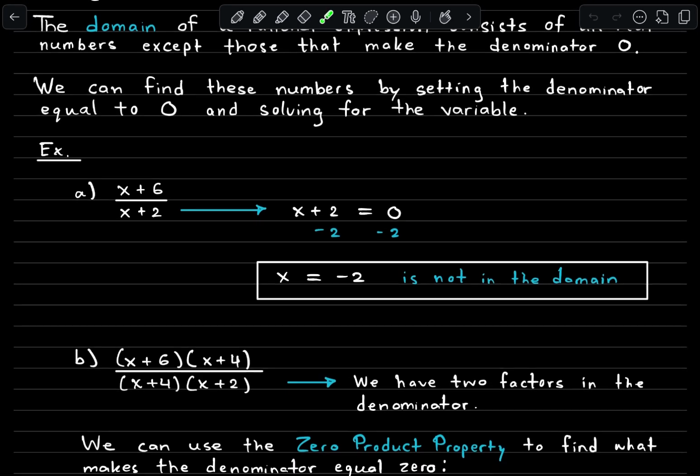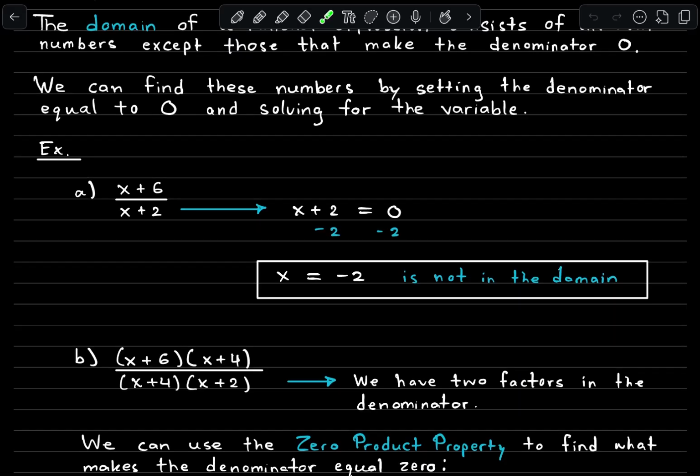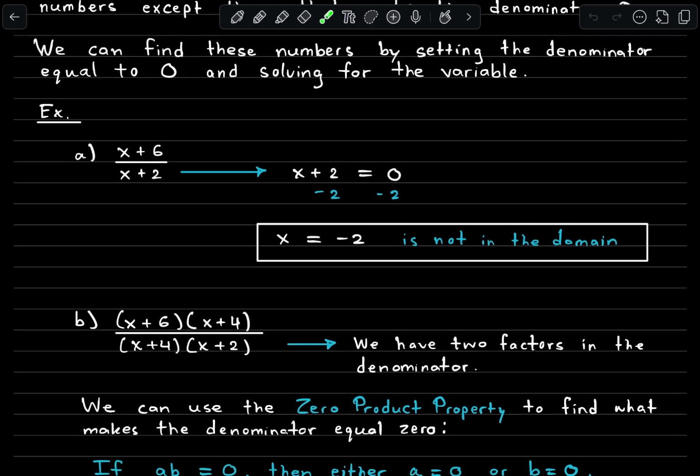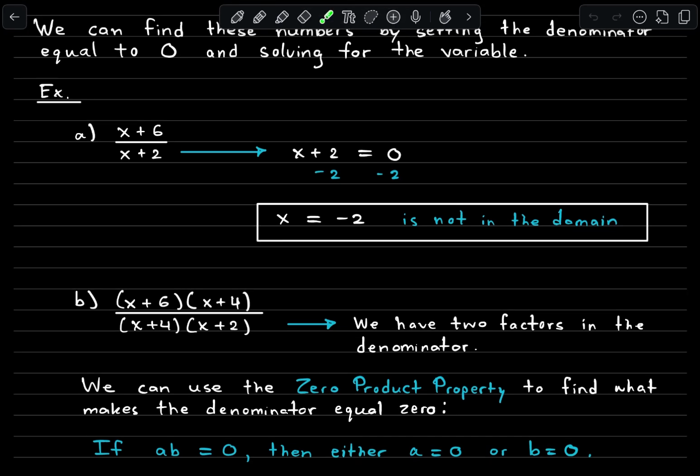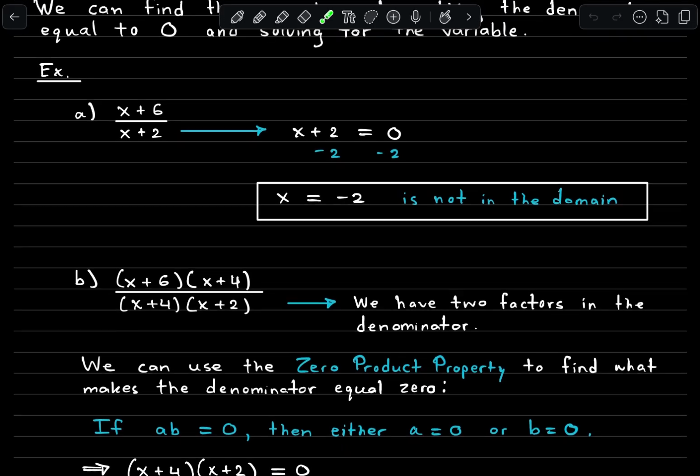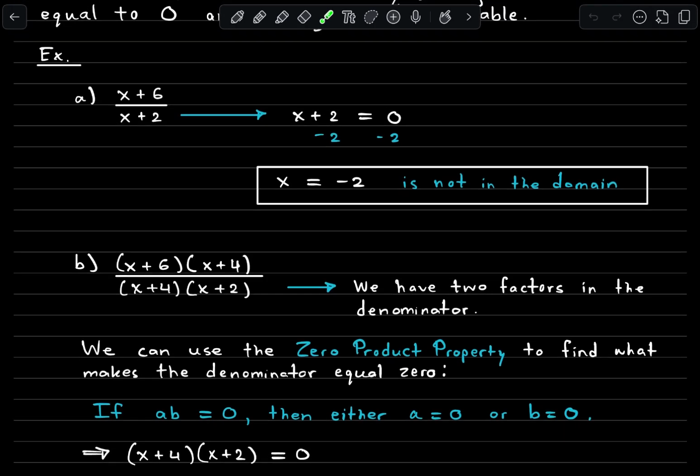So we're going to use something called the zero product property to find what makes the denominator in this case equal to 0. So how does this work? If you have a times b equal to 0 in general, then either a is the thing that equals 0 and made this whole term 0, or it was b that was equal to 0 and made this whole term 0. Okay? So we have to investigate both possibilities.